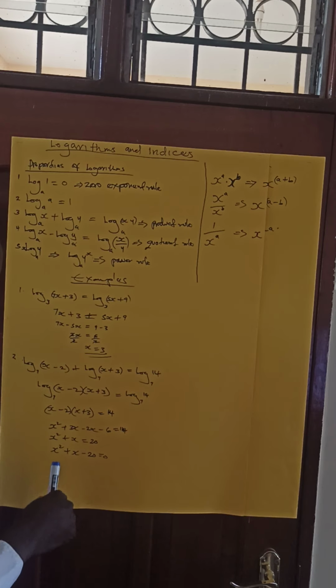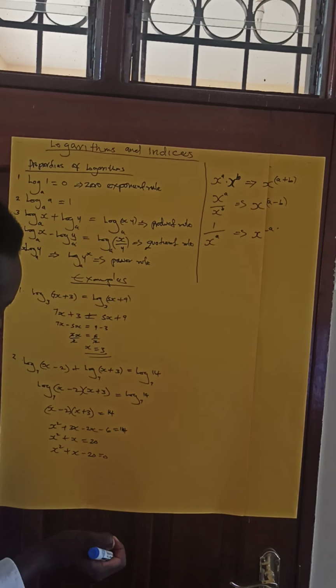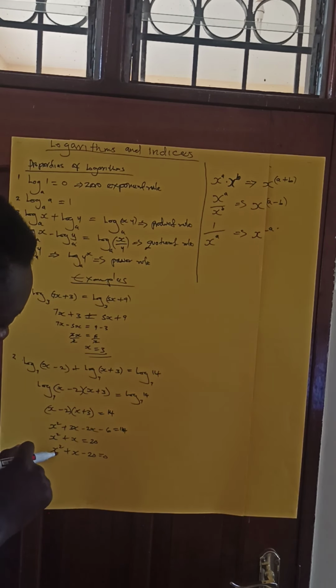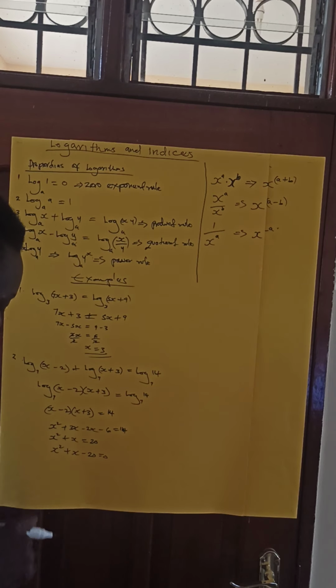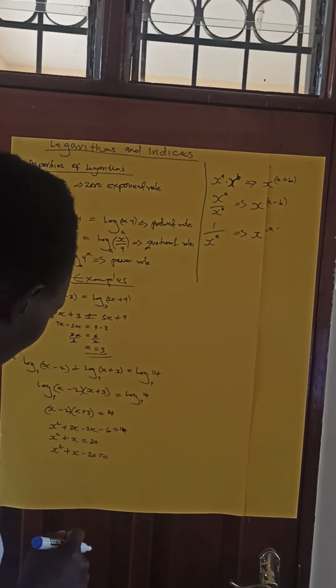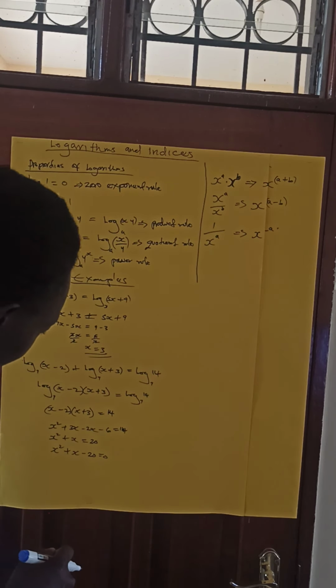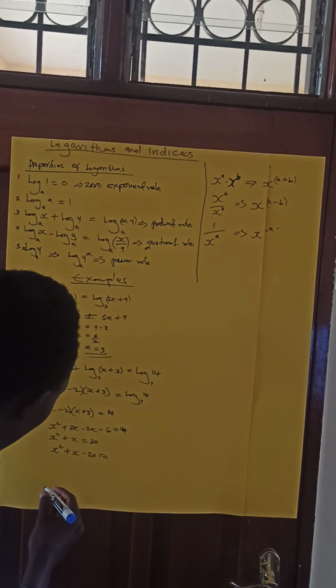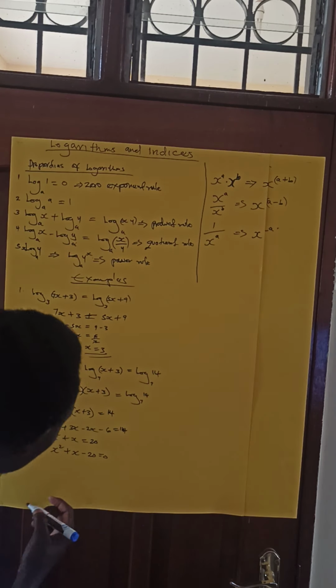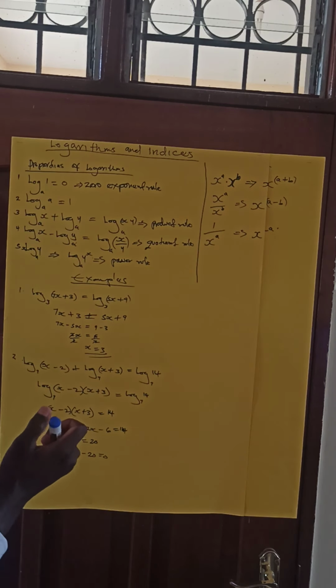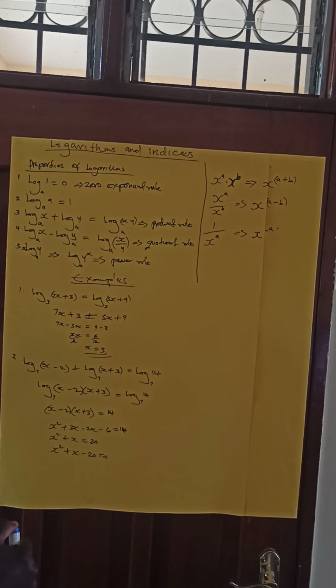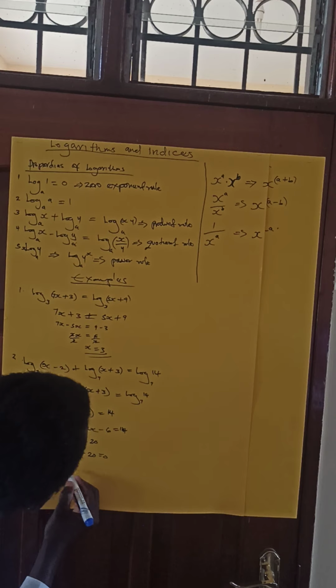The product should give us negative 20, and the sum should give us positive 1, and the two numbers are positive 5 and negative 4.